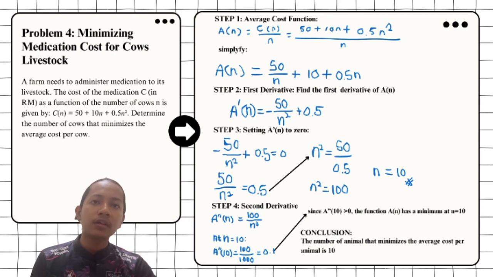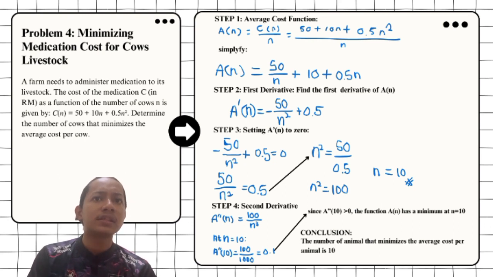At n equal to 10, A double prime (10) equal to 100 over 1000, and we can get 0.5.